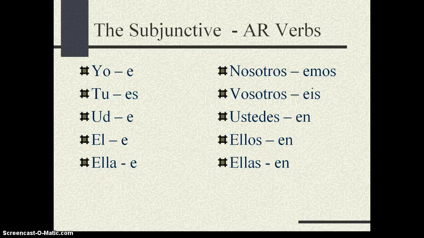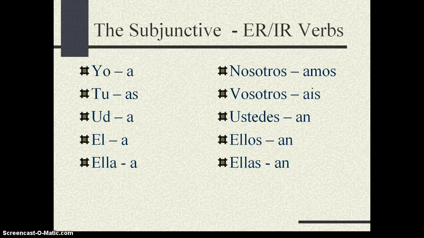So for AR verbs, your endings are e, es, e, emos, éis, en. ER and IR verbs, again, opposite vowels, so your endings will be a, as, a, amos, áis, an.